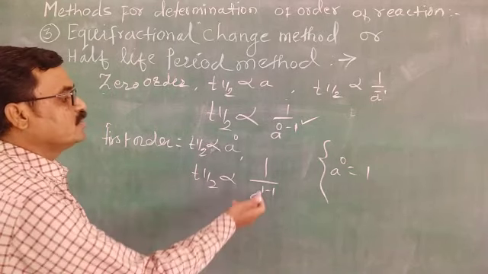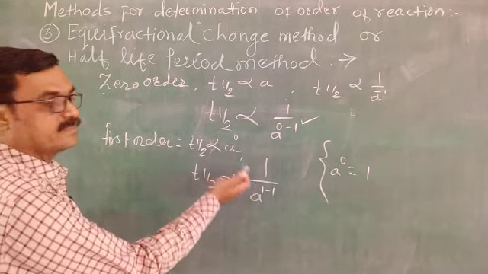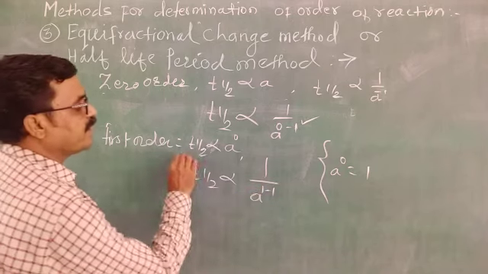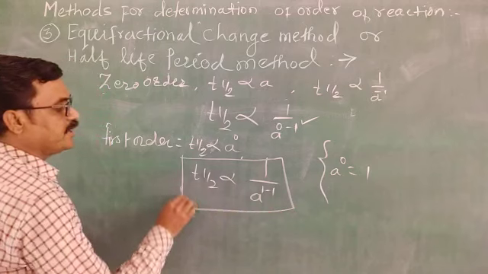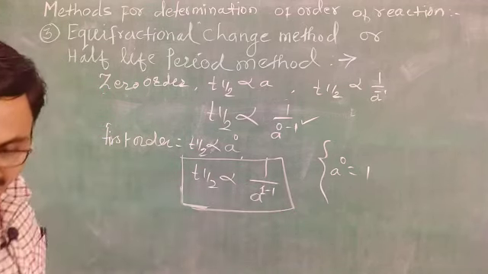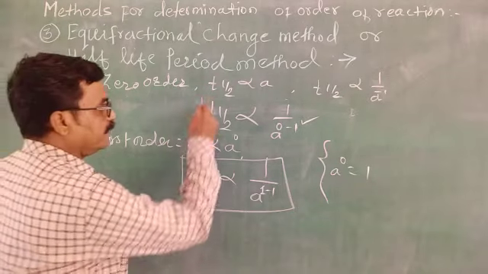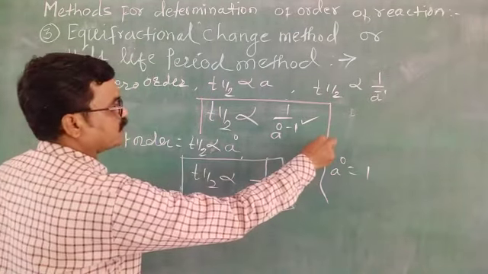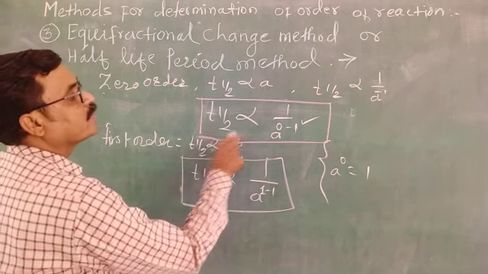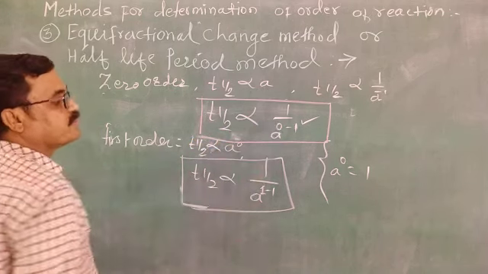So for first order, T half is proportional to 1 upon A raised to power 1 minus 1. For zero order, T half is proportional to 1 upon A raised to power 0 minus 1.